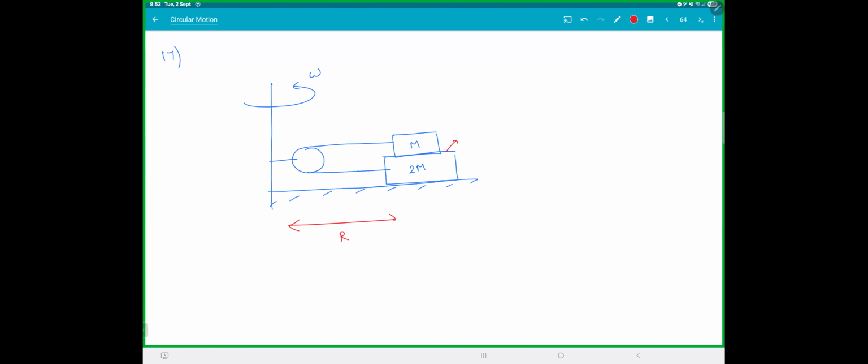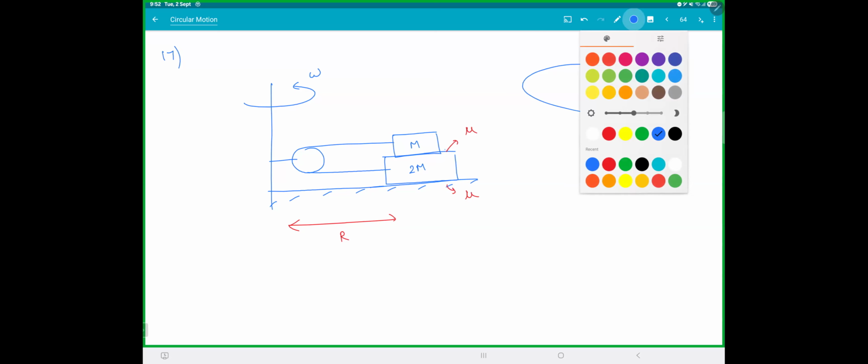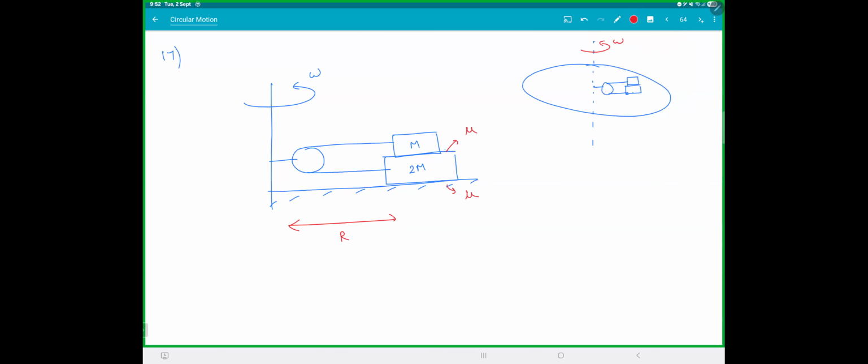This distance is r, this is rough, this is also rough. And if you look at this, the picture would look something of this sort. This whole setup is rotating with omega like this. So find maximum omega so that the blocks don't slip. If you rotate very, very fast, what will happen? The blocks will start sliding. You don't want that to happen.